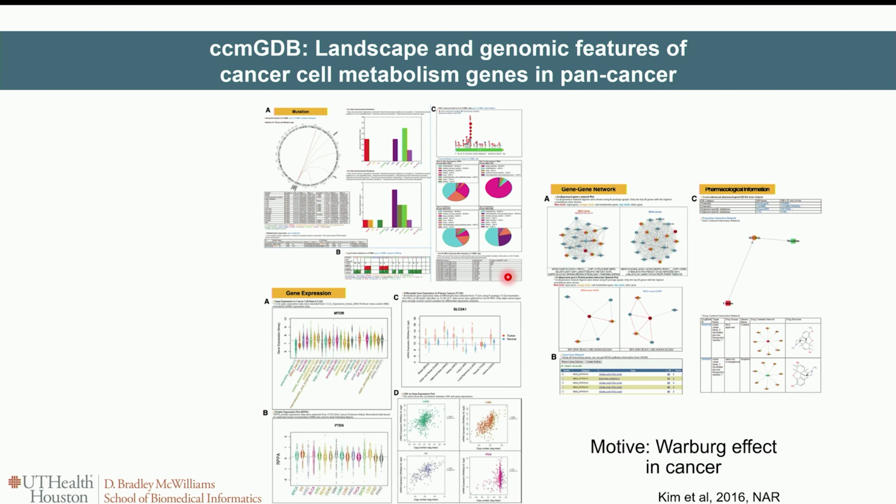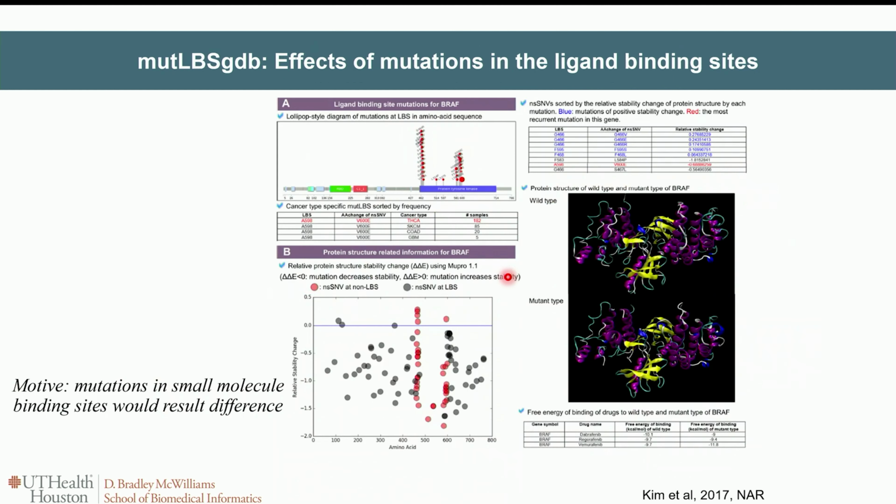At the time, many people were thinking about metabolism in cancer, which is also a key factor we need to pay attention to. So we gathered the metabolism genes, performed multiple bioinformatics analyses, and found some Warburg effect related events in the breast cancer pathway.